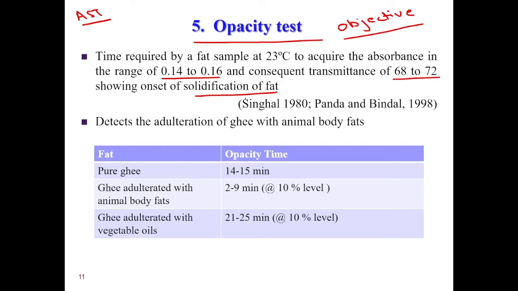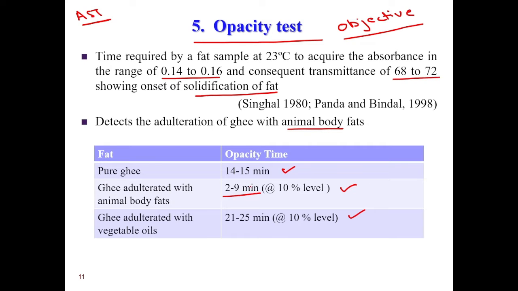That is known as the opacity test, and it can be used to detect adulteration of ghee with animal body fat. Here we can see that adulteration at a level greater than 10% is detectable; less than 20% is not possible for some. Pure ghee has an opacity time of 14 to 15 minutes, and ghee adulterated with animal body fat has an opacity time of 2 to 9 minutes.